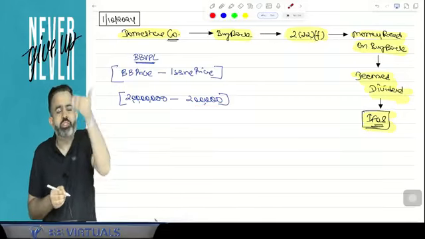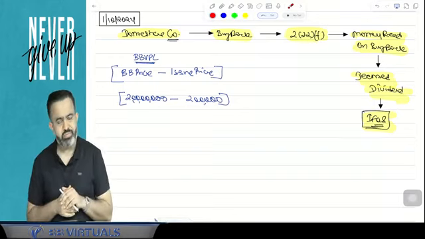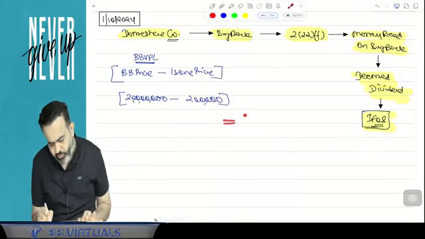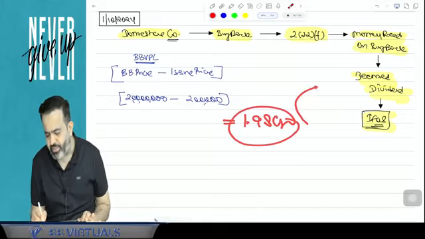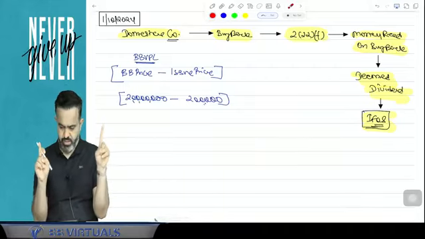Means my cost of this share is 2 lakh rupees. So logically, I can say that 1.9 crore should be taxable under income from other sources. But here the lawmaker says no.